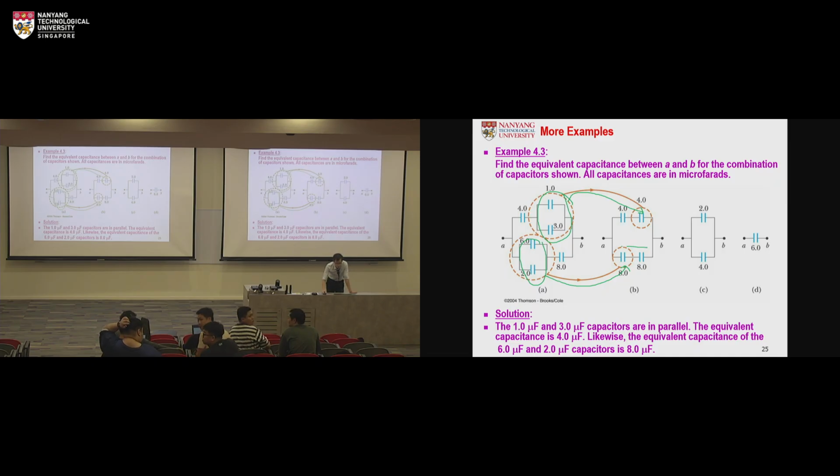Let's say these two are now connected in series. You can reduce the circuit to one capacitor and find out its capacitance. Similarly, for these two, and with one more step, you can find out this final equivalent capacitor and its capacitance, right?